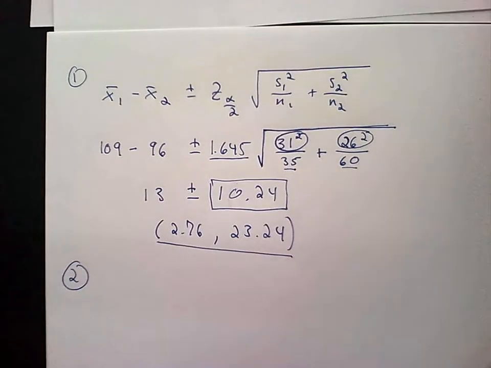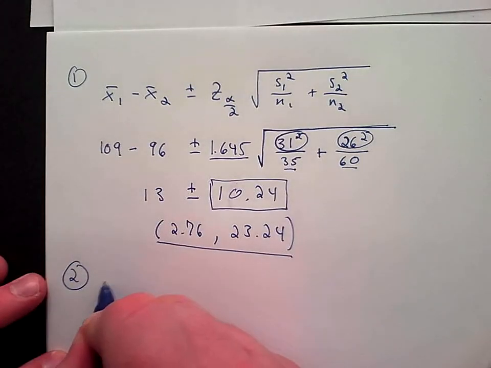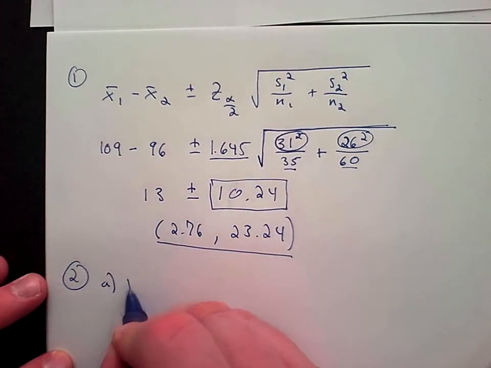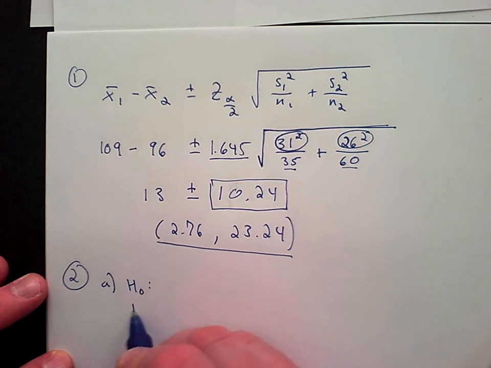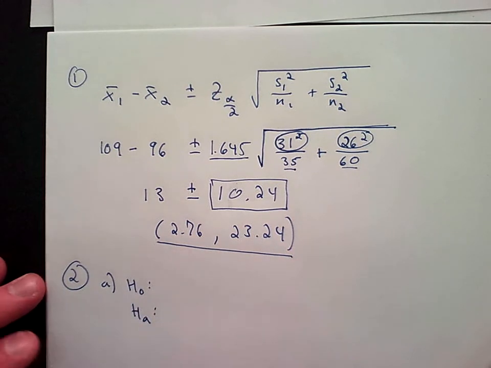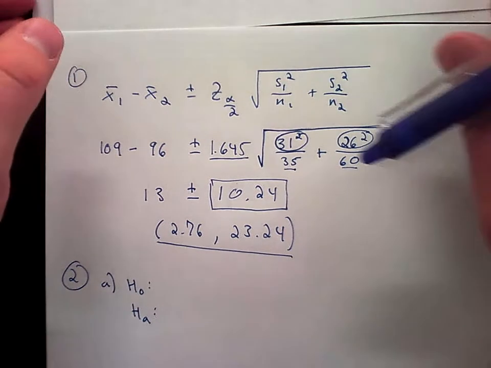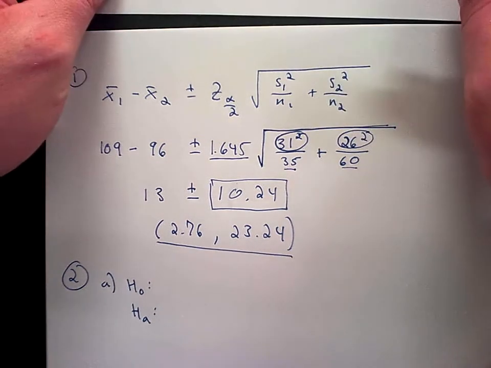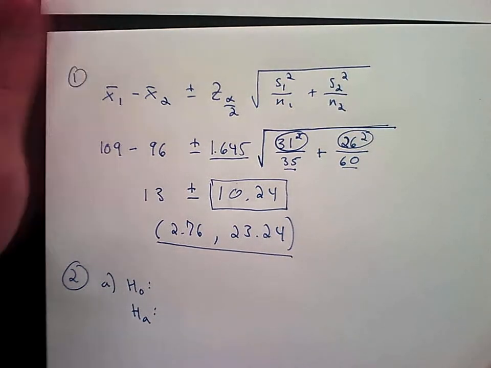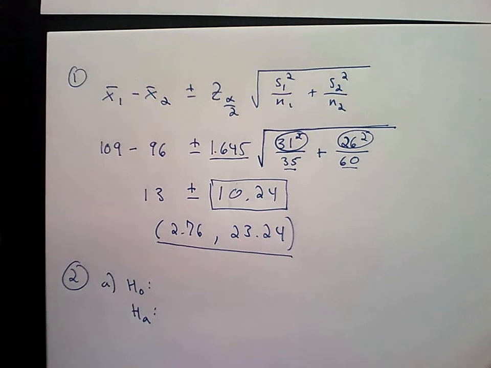Right. So I'm going to say that 2A is to state the correct hypothesis. So we're going to write down the null hypothesis and the alternative hypothesis. So let's think about this for a second. Just like we did before, whenever we wanted to write down our null and alternative hypotheses, we always just ask ourselves those 3 questions.